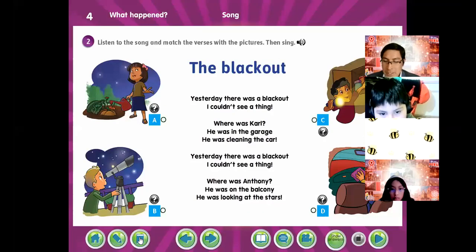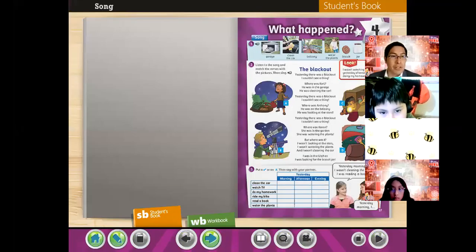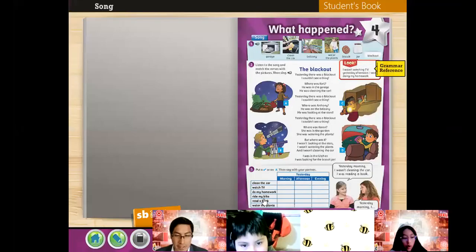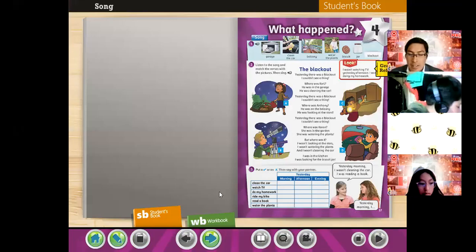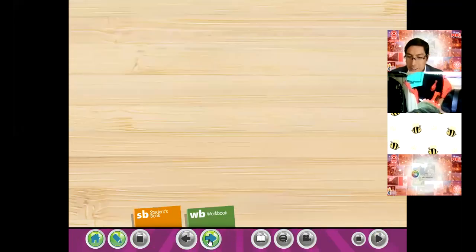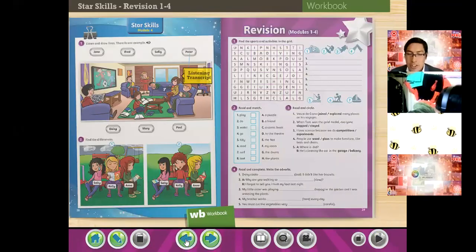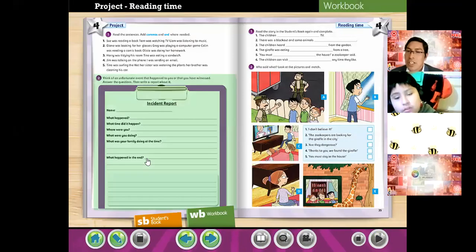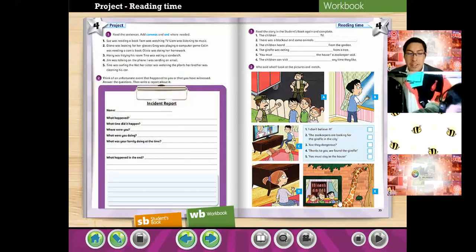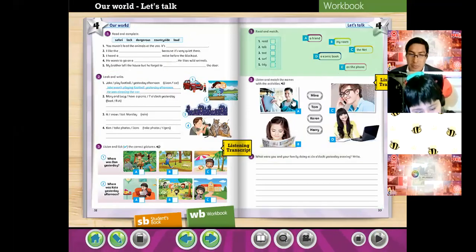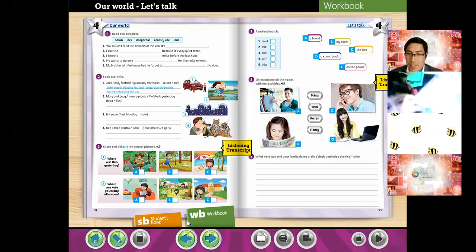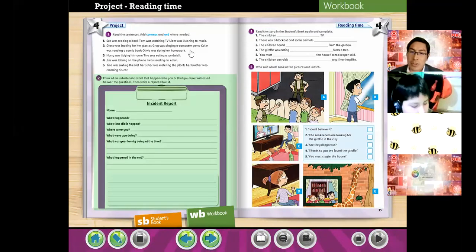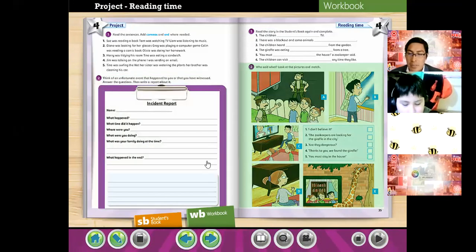Okay, my friends, please open your workbooks. What page, teacher? Let's go to page 34. Because page 33, we finished it. We completed this. Let's go to pages 34 and 35.